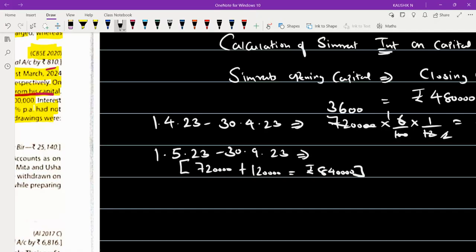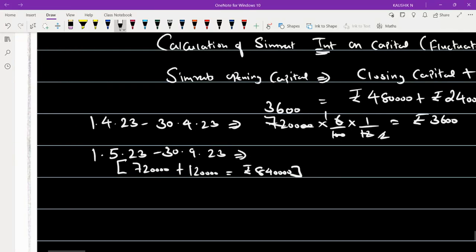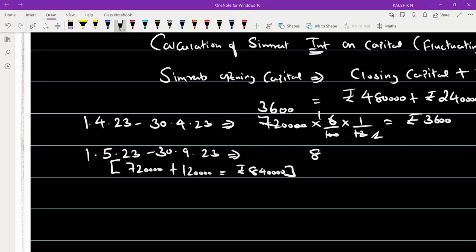Now calculate interest for this 8,40,000. 8,40,000 into 6/100 into how many months? May, June, July, August, September: 5 months. Into 5/12. 2 zeros from here, 2 zeros from here. One time, two times.